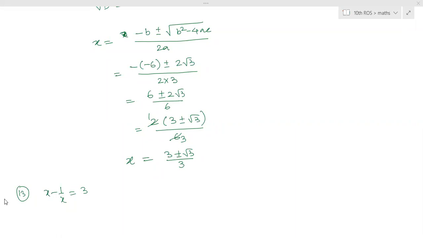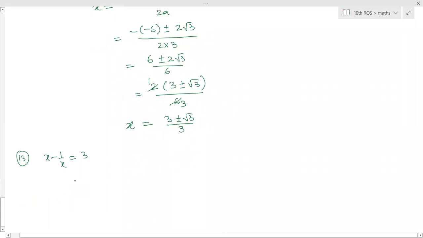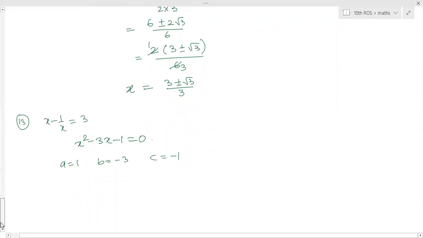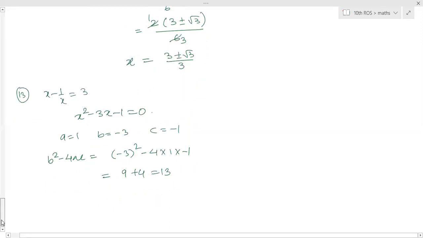You got the equation as x square minus 3x minus 1 is equal to 0. Yes, ma'am. So a is equal to 1, b is equal to minus 3, c is equal to minus 1. So b square minus 4ac is minus 3 square minus 4 into 1 into minus 1, 9 plus 4, which is 13.